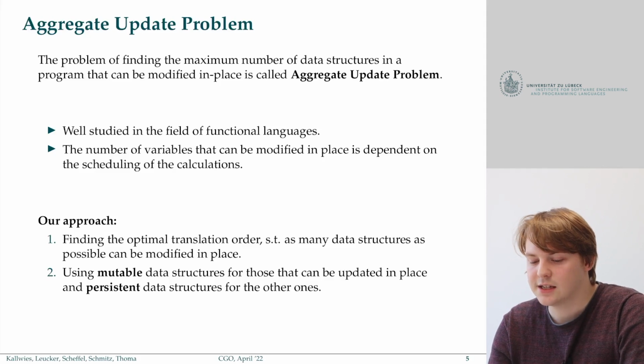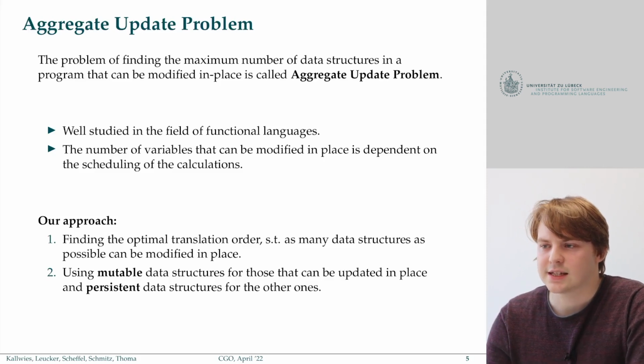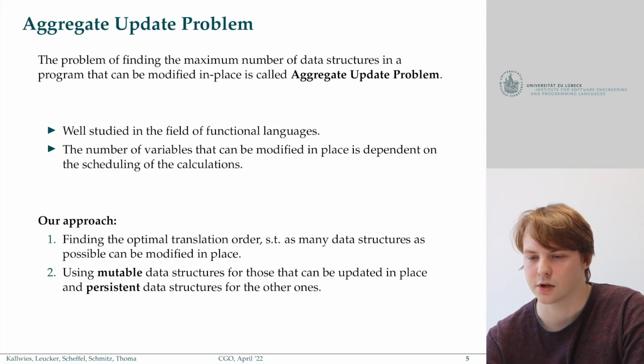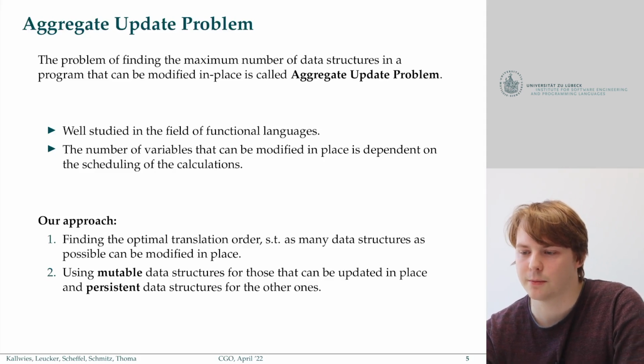If this is not the case, we used persistent ones. These are some kind of clever data structures which don't make it necessary to copy the whole old data structure if it is modified, but only the part that is modified and a reference to the old data structure. In the following, I will present the algorithm from our paper in detail.